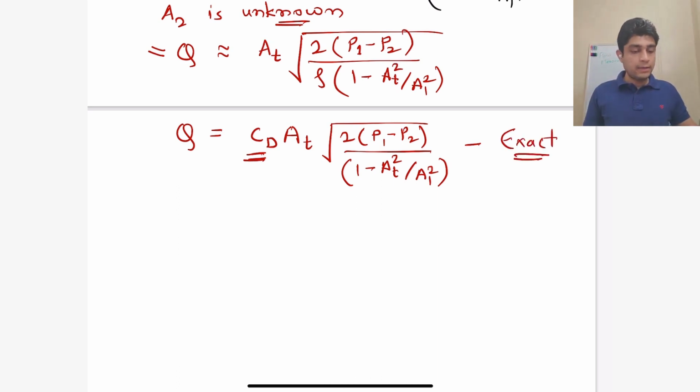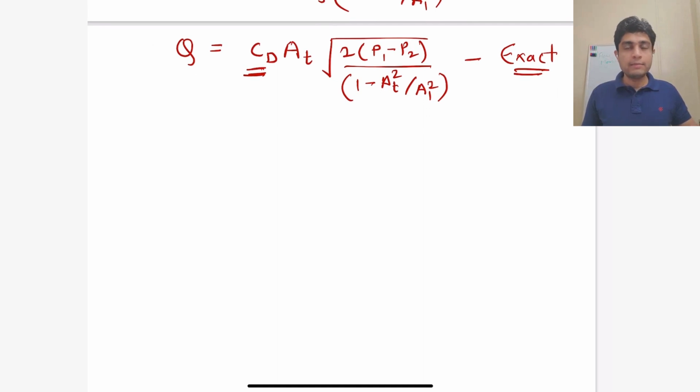And this coefficient of discharge is measured experimentally for each device by the manufacturer, and it is given in terms of a chart or a curve fit to the experimental data.